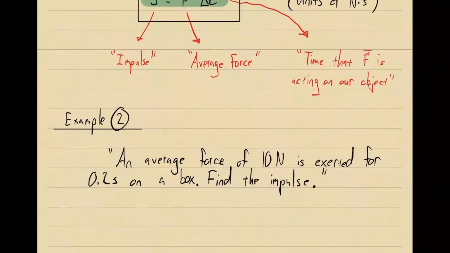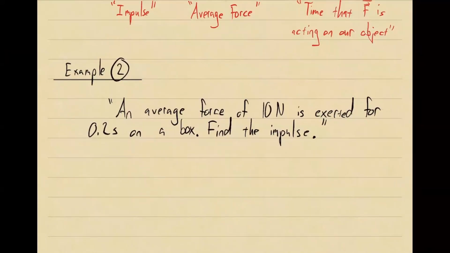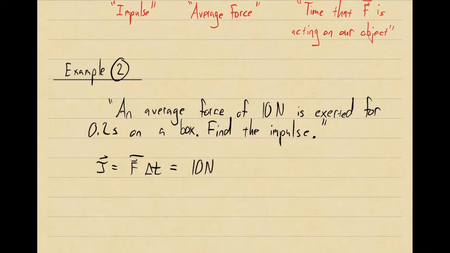To find the impulse for this, our impulse J is going to be equal to the average force acting on our object times the time that that force is acting on that object for. In this case, our average force is 10 newtons. And the fact that it's positive 10 newtons indicates that the force is pointing to the right in the horizontal direction.